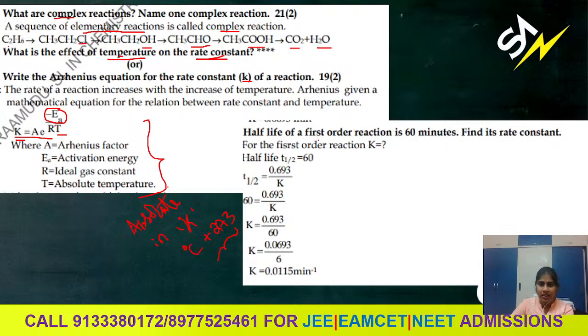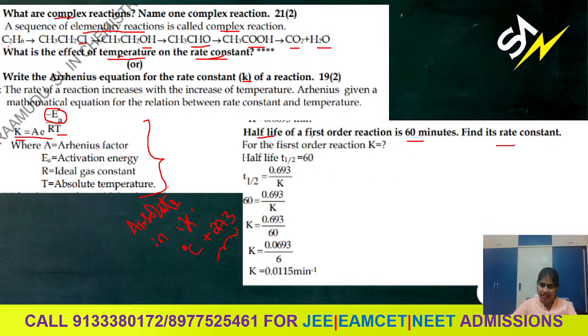As we said earlier, there may be questions on half-life period also, because that is also an important concept in chemical kinetics. We have a question in this way: the half-life of a first order reaction is 60 minutes. Find its rate constant.